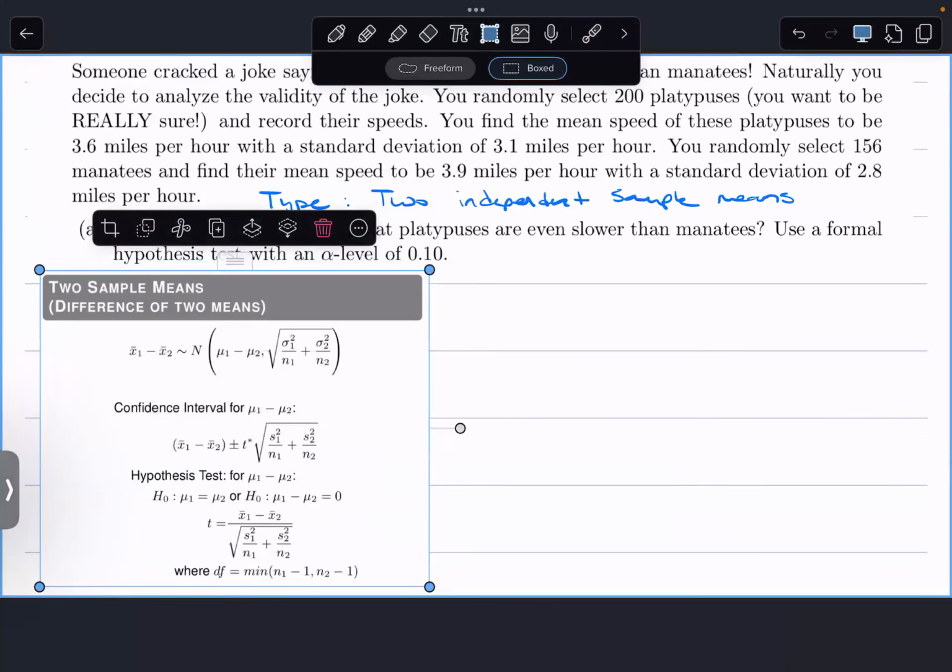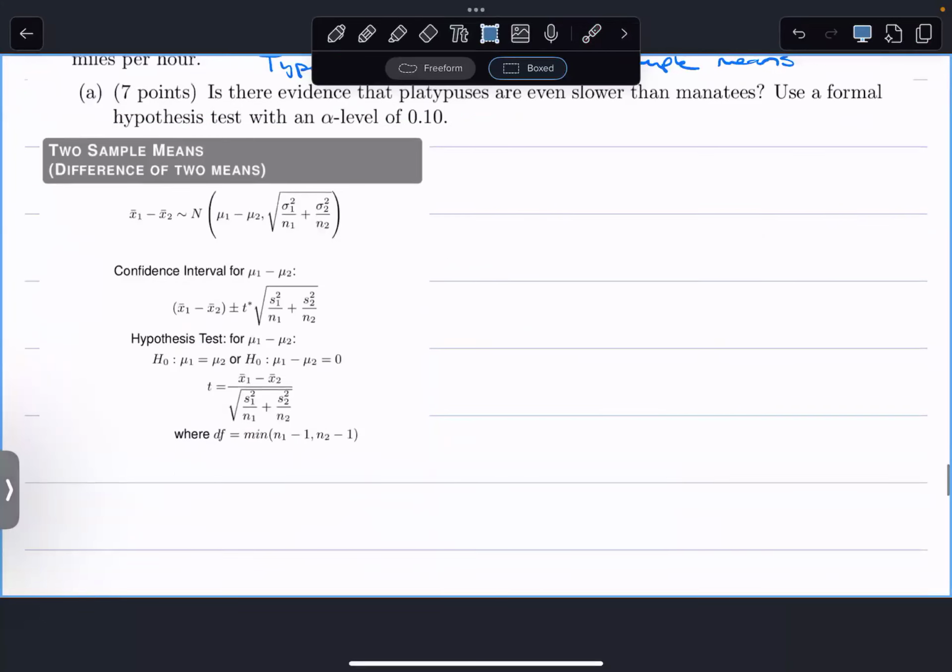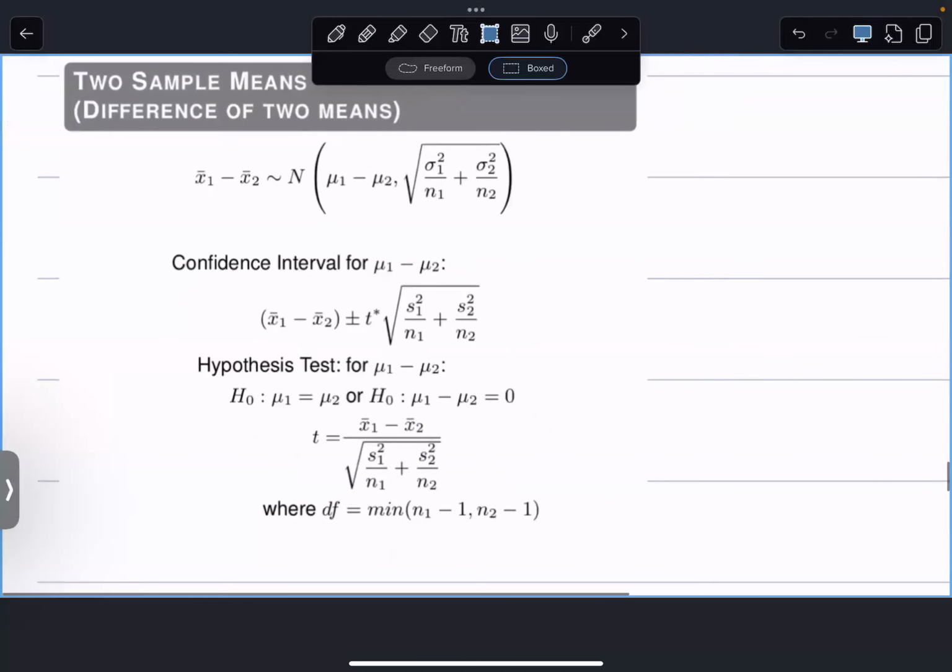The 2 independent sample means looks like this. We can build a confidence interval or we can do a hypothesis test. This is very similar in layout to when we did 2 sample proportions, right? I think it's easier to talk about mu1 equals mu2 because then you can easily compare them in the alternative hypothesis. But technically, we are testing mu1 minus mu2.